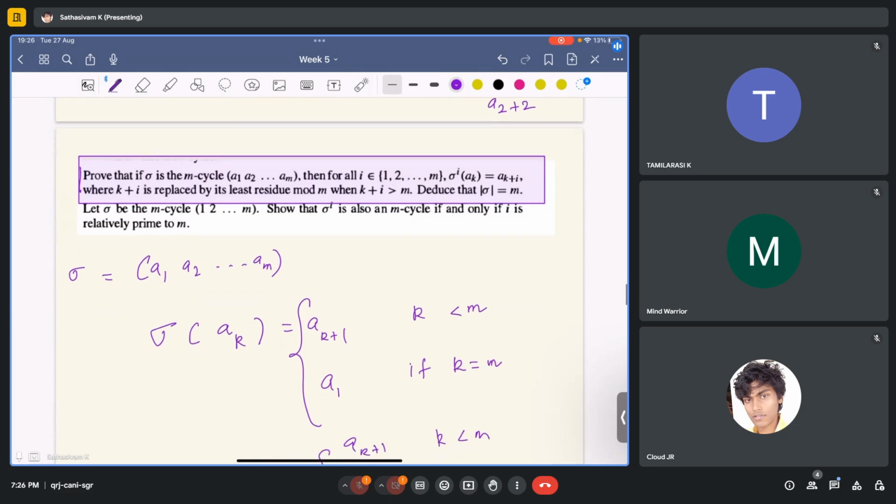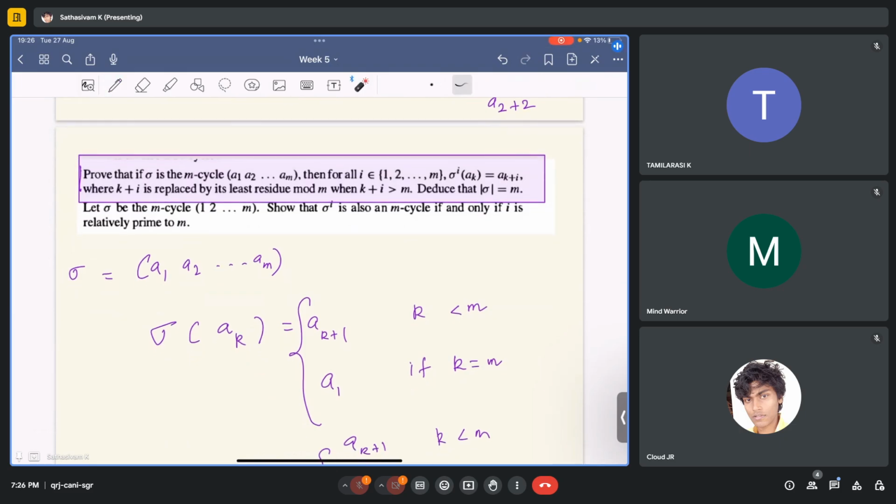Using this, what we now prove is: let sigma be an m-cycle 1 to m, then sigma power I is also cyclic if and only if I is relatively prime to m. Now this statement we have to prove. Let's see how we can prove it.